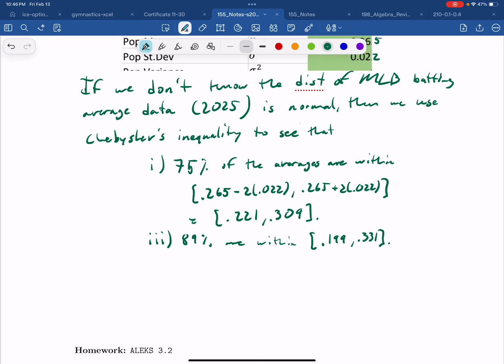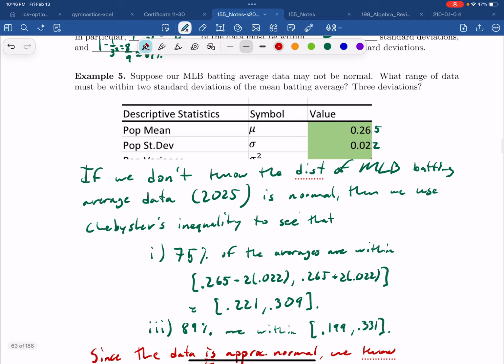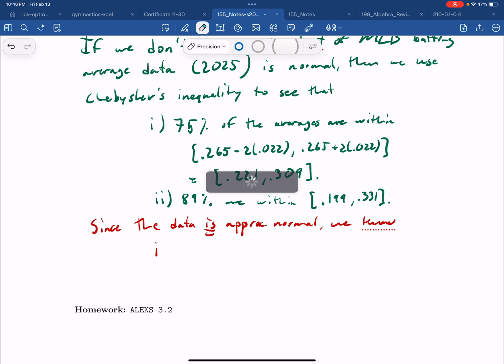But because we know that it's normal, so I'll just say, since the data is approximately normal, we know that, actually, how much data is within 2 standard deviations of the mean? It's just 2.